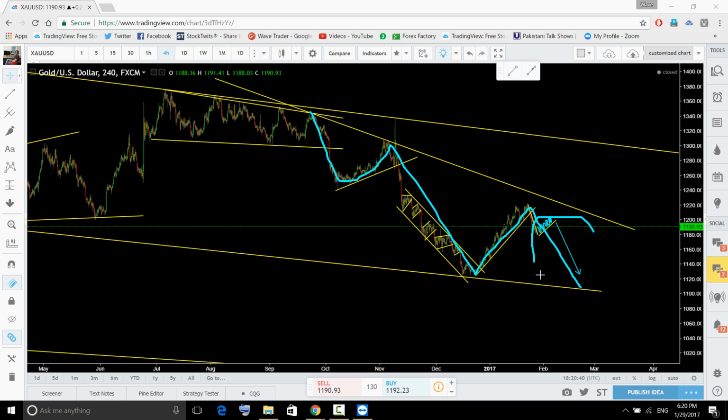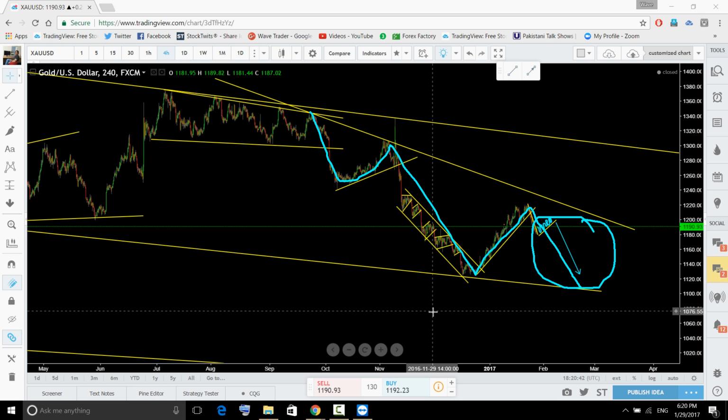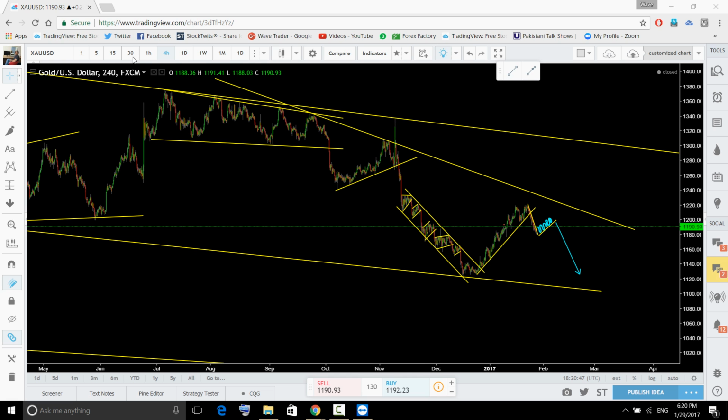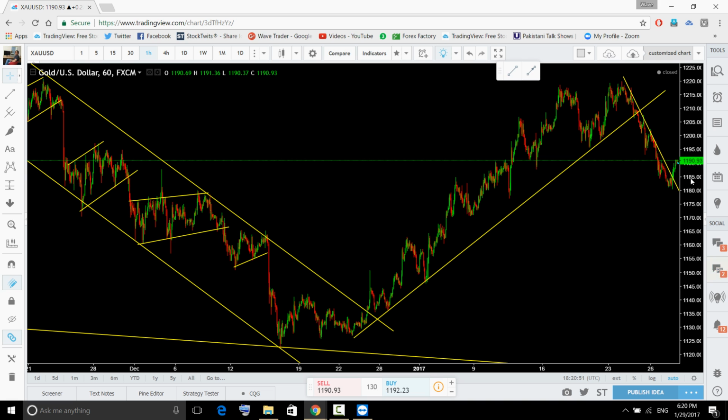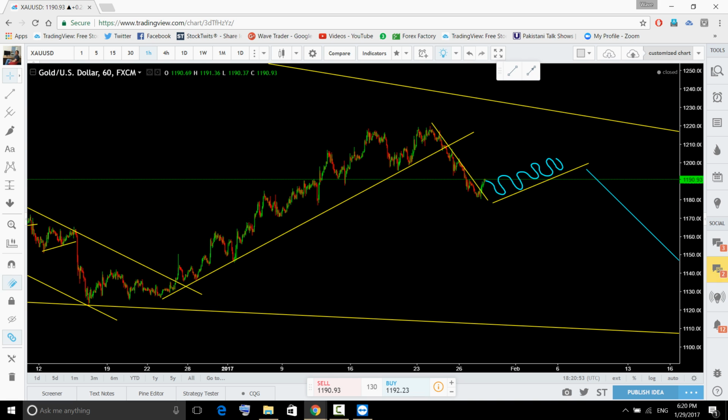That is the trade we are looking for. Continuation pattern is required.